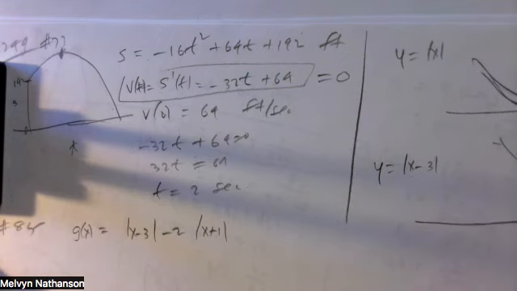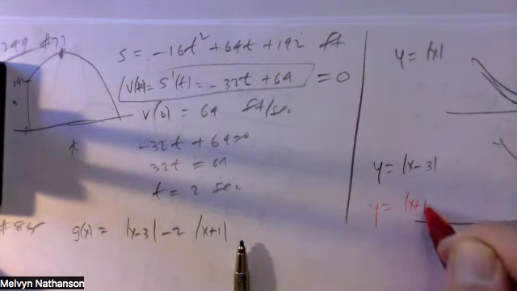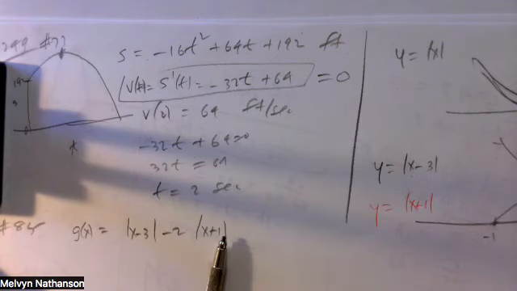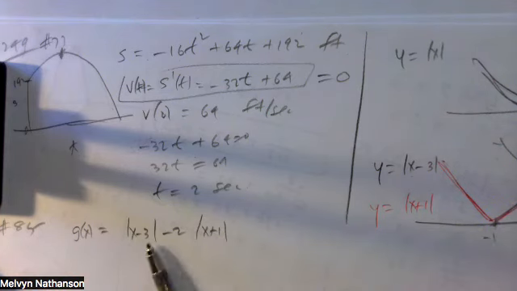And the graph looks like that. And if we want to look at y equal the absolute value of x plus 1, it's the same graph. This is 0 when x is minus 1. So let me draw it in red so we can see which is which. So that's the absolute value of x plus 1. And then we're looking at this combination of them, the absolute value of x minus 3 minus 2 times the absolute value of x plus 1.